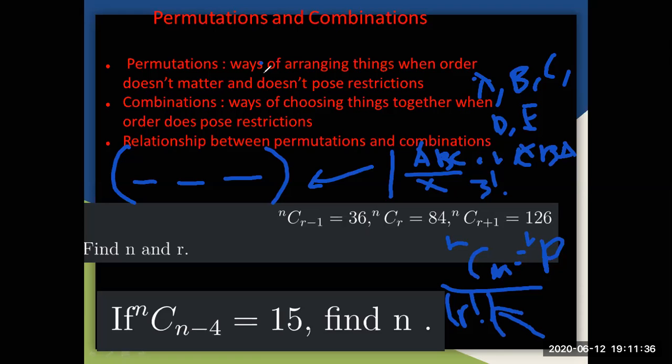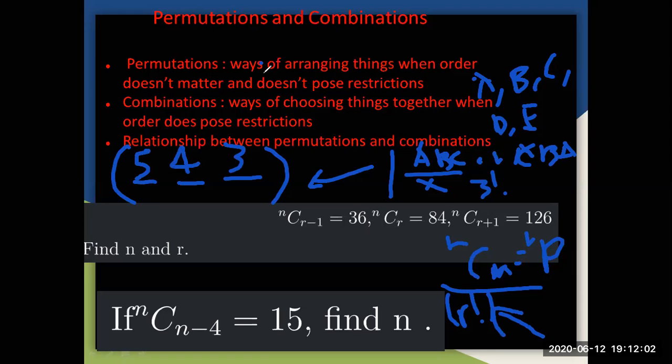Then you're supposed to pick three of these from five letters. So in the first place, you could get any of those five letters. And then you have reduced one of your letters, so it becomes four, and then again you have reduced one more letter, so you get a three.